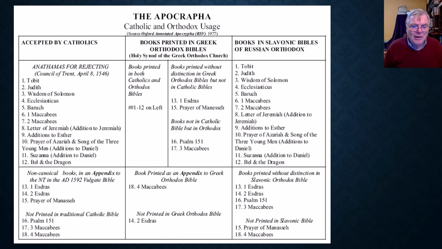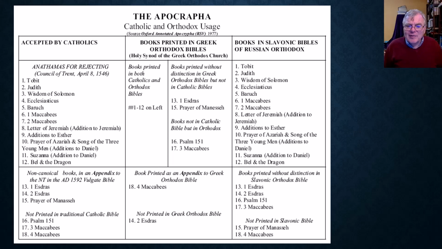I should say 4th Maccabees was printed as an appendix to the Greek Orthodox Bible, and they don't print 2nd Ezra's, which is in the Latin Vulgate. And if you get to Russian Orthodoxy in the Slavonic Bibles, they again print all 12 that are in the Roman Catholic first 12.